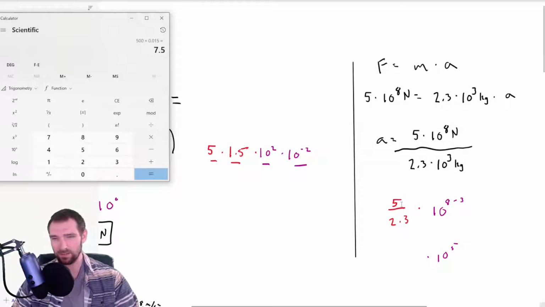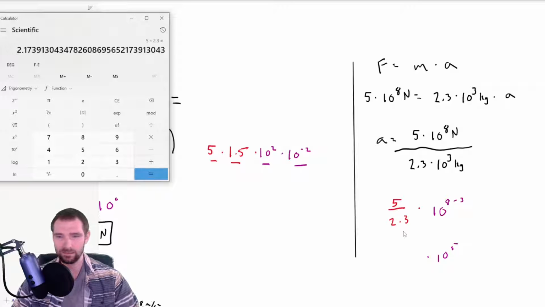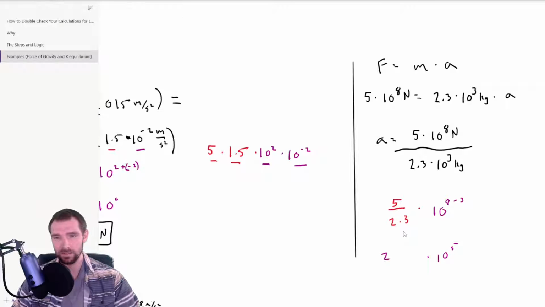So I know that's around 2 to 3. And so if I was trying to do this problem without plugging in any numbers, I would know that 5 divided by 2.3 is around 2 or 3-ish, and that it should have a magnitude of 10 up to the fifth power. It's pretty quick to do that and get a rough estimate without figuring out the actual numbers. But you can also do the math with the numbers and get the exact number.